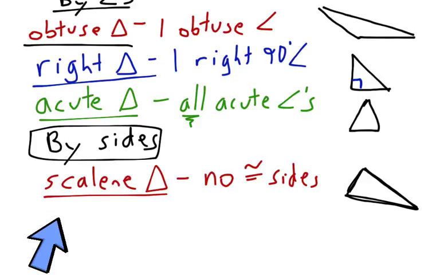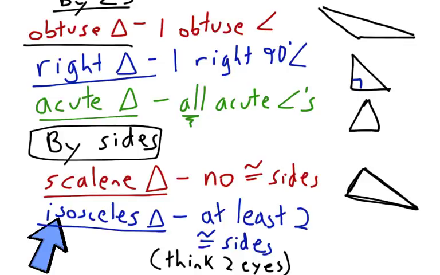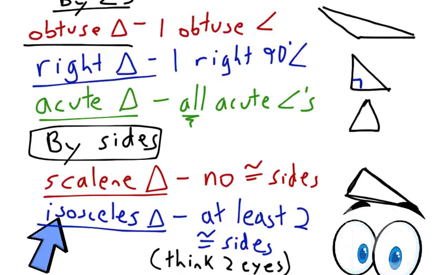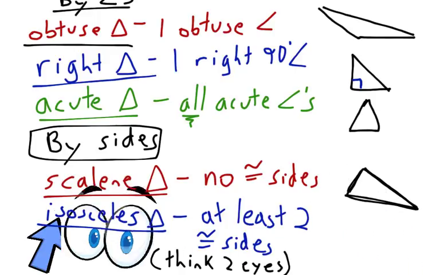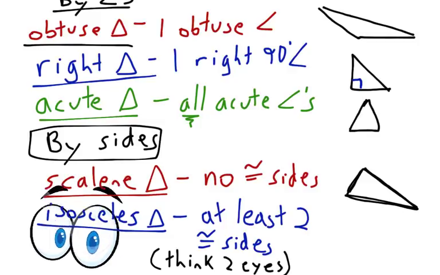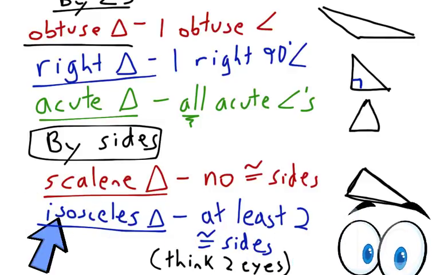Alright, and we call it isosceles. So an isosceles triangle is when at least 2 sides are congruent, and think you have 2 sides. Just kidding, you have 2 eyes. So two eyes, think of the IS for the isosceles. You have at least two eyes. Some of you might have three.